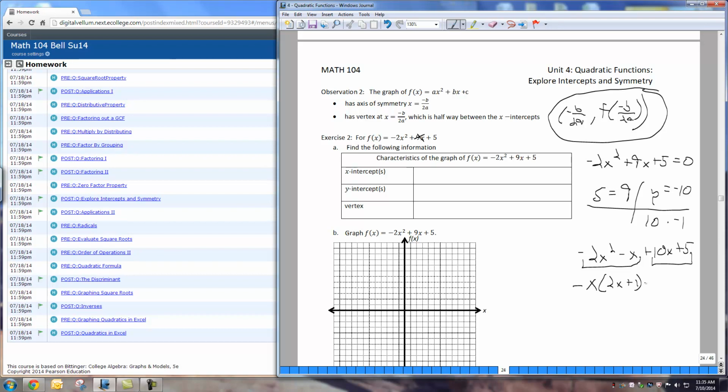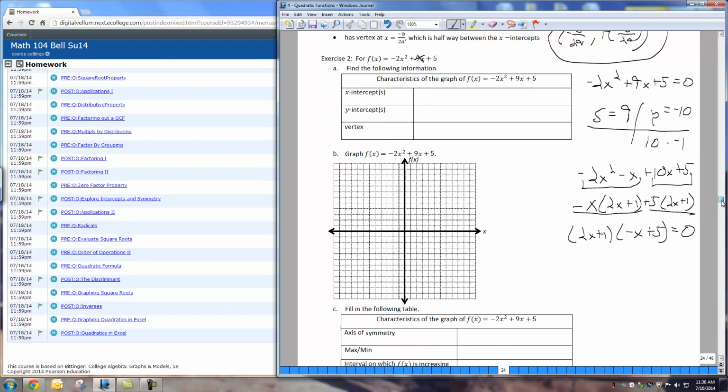And here these values both have a 5 in common, not a 2. So I'm left with 2x plus 1. So looking at these two terms, factoring out the 2x plus 1, and then negative x plus 5 equals 0.